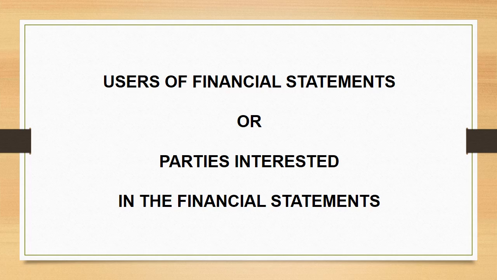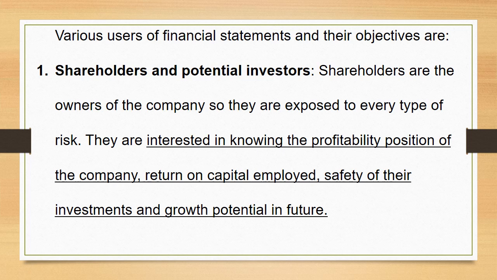Now let us discuss the users of financial statements, or the parties interested in the financial statements and what their objective is. Let's discuss one by one. Shareholders and the potential investors. We all know that shareholders are the owners of the company, and that is why they are exposed to every type of risk.